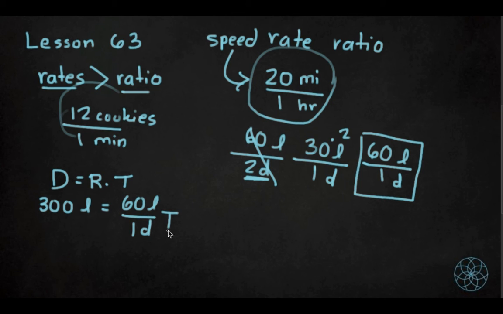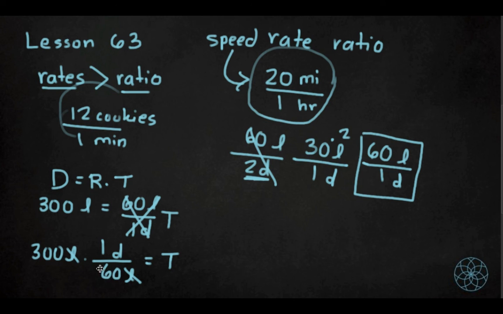Now, to get t by itself, we would divide the right side by 60 leagues over 1 day, and we would also divide the left side by 60 leagues over 1 day. So multiply that by the reciprocal equals time. So this would cancel out on the right. And leagues would cancel, and we would be left with 300 times 1 day over 60.